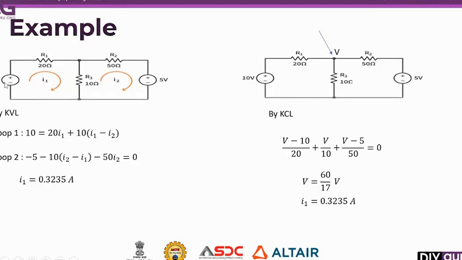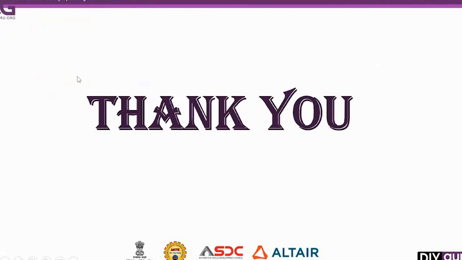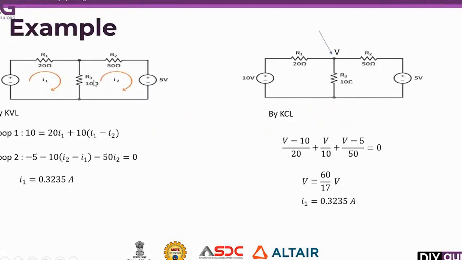So supply is equal to the sum of these two drops, right? So in order to find the sum of these two drops, first we need to find the current through the element. So here we know that the current I1 is flowing in this direction, but when it comes to this element, for this element, two currents are flowing.